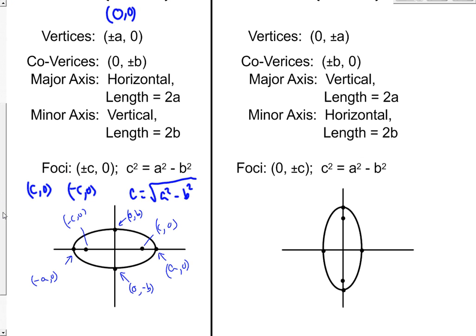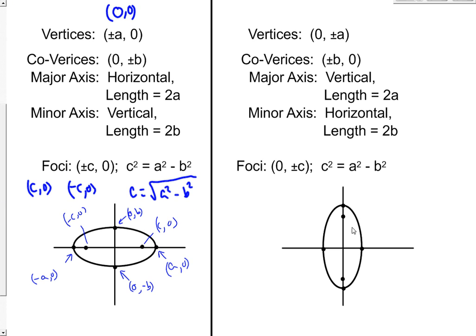And looking at the graph, our major axis is going up and down, and so we have 0, a for that ordered pair, 0 and negative a, for the ordered pair down there, and then sideways horizontally is our minor axis, and we have b comma 0 and negative b comma 0.